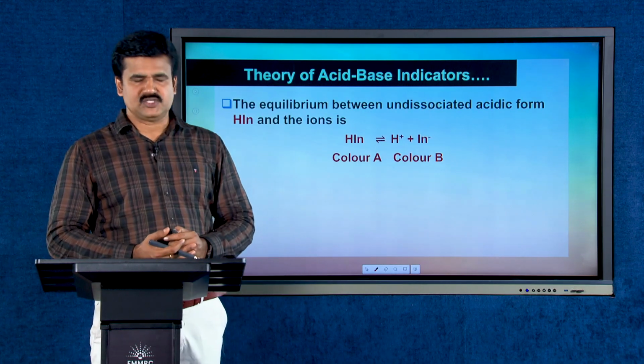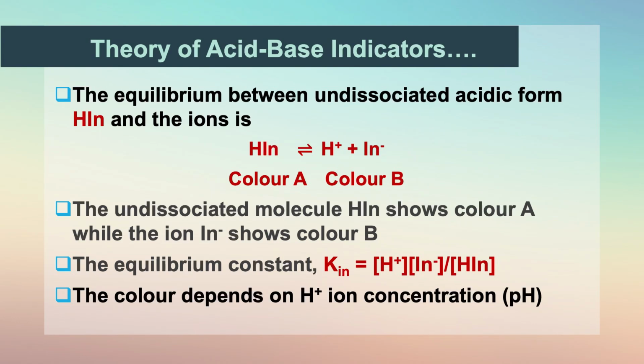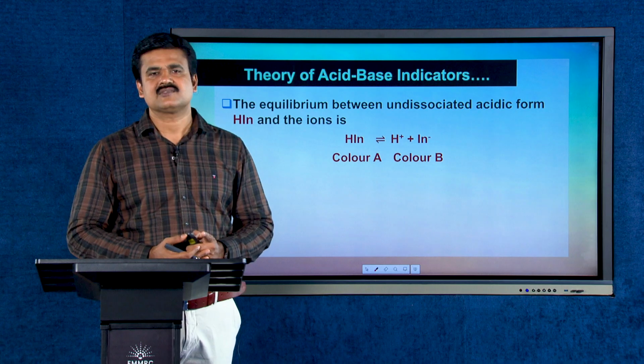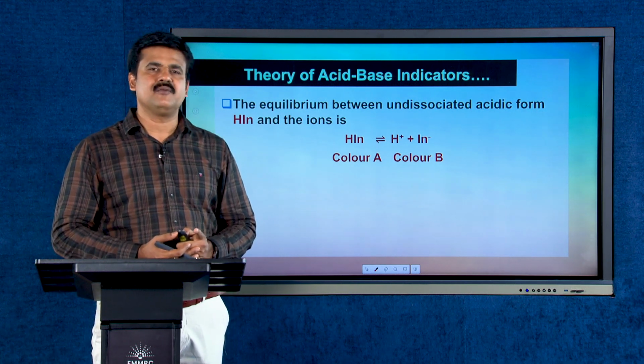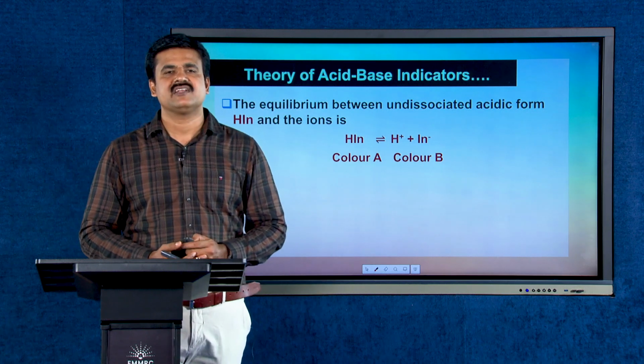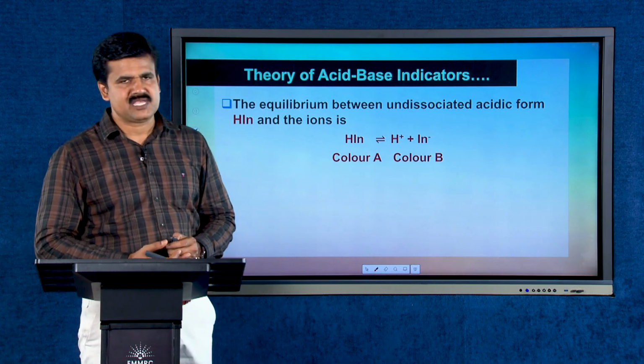The equilibrium between the undissociated acidic form HIN and the ionic form can be represented by this expression: HIN reversibly gives H+ and IN-. The undissociated form has color A and IN-, that is the ionized or ionic form, has the color B. So, there occurs the formation of two colors. Ionized form and unionized form have two different colors, namely A and B.